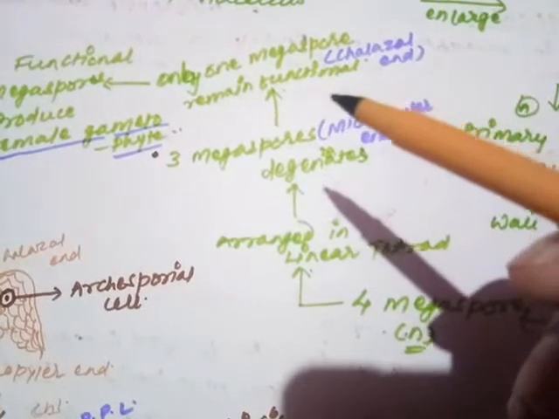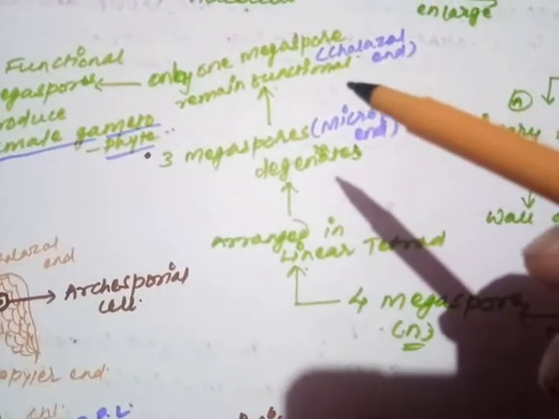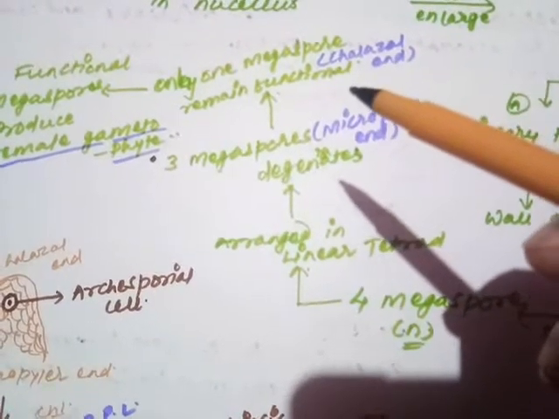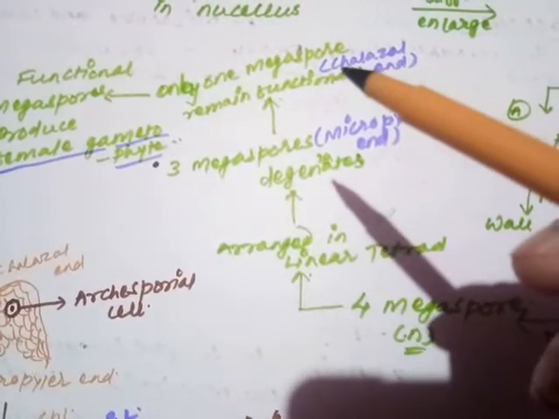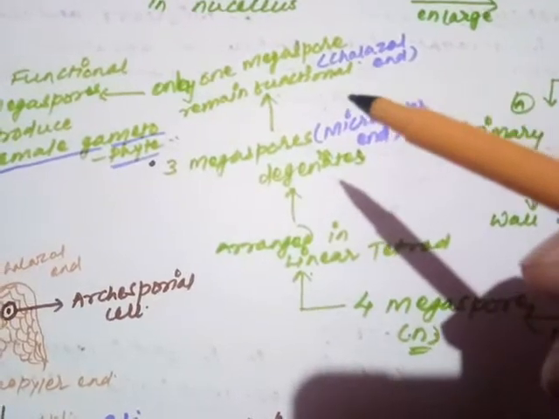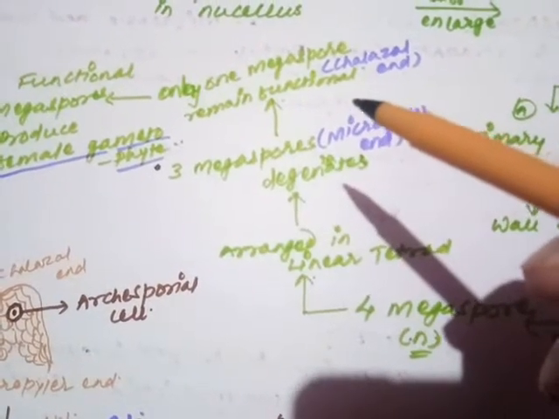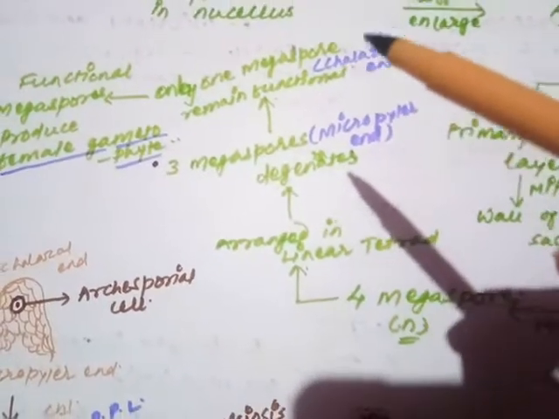So what is the difference between microsporogenesis and megasporogenesis? In microsporogenesis, one microspore mother cell gives rise to 4 microspores, but in megasporogenesis, one megaspore mother cell gives rise to only one megaspore. Are you getting my point? What is the difference?